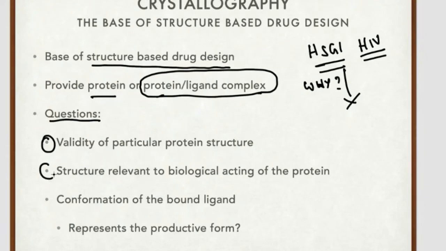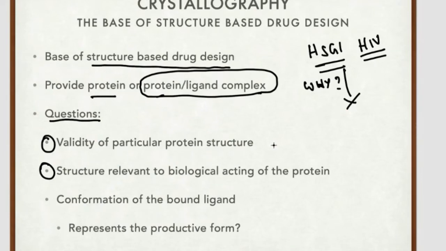The second question is how that structure is relevant to the biological acting of the protein, because you are capturing only one snapshot in X-ray crystallography. How is that captured snapshot relevant to the biological acting of the protein, because proteins can undergo very rapid conformational changes.